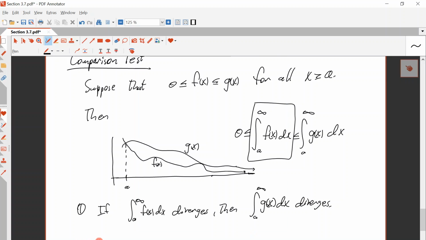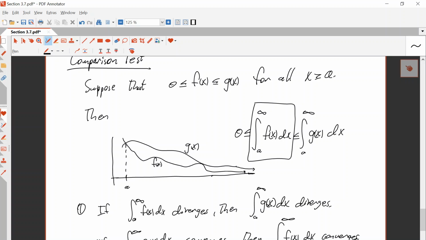And two, if the integral from a to infinity of g of x, the bigger one, is finite, if that converges, then the integral for f converges.